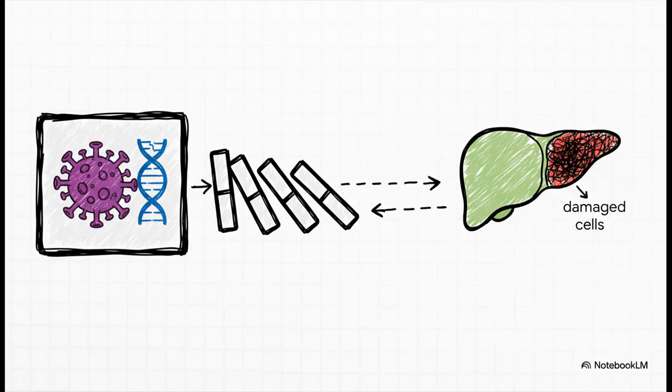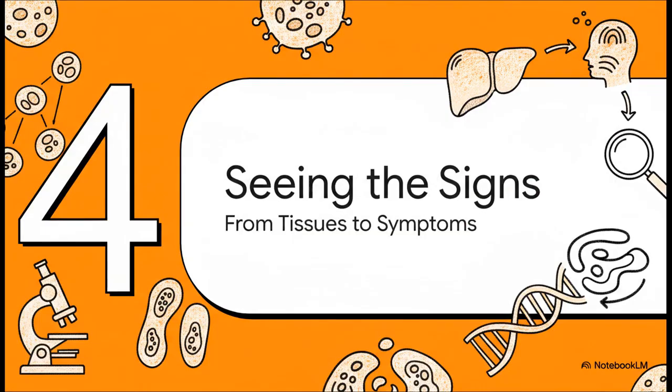And once one of those causes is in play, whether it's a faulty gene or a virus you just caught, that's when pathogenesis takes over. It's that critical, often really complex, chain reaction that connects that initial trigger to the physical damage that eventually shows up in the body. So how do pathologists actually see the damage from this whole process? Let's take a look at how they observe these morphologic changes and connect them to what a patient is actually feeling.